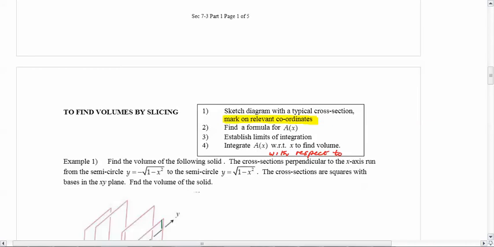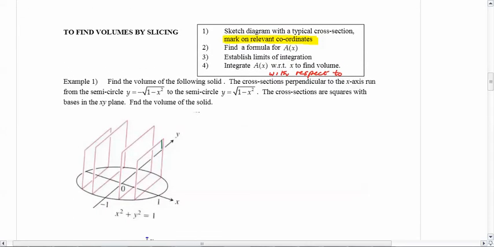All right? So let's quickly see if we can zip through a problem. Find the volume of the following solid. The cross section is perpendicular to the x-axis. So my cross sections are going to be perpendicular to the x-axis, and they run from the semicircle y is negative root of 1 minus x squared to the semicircle y is positive root of 1 minus x squared, I misspoke.